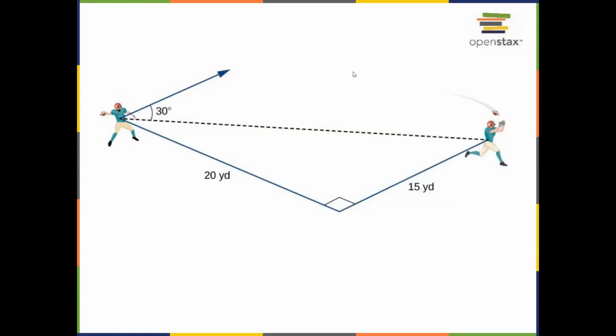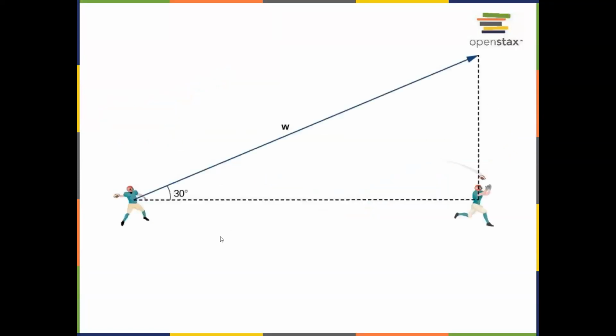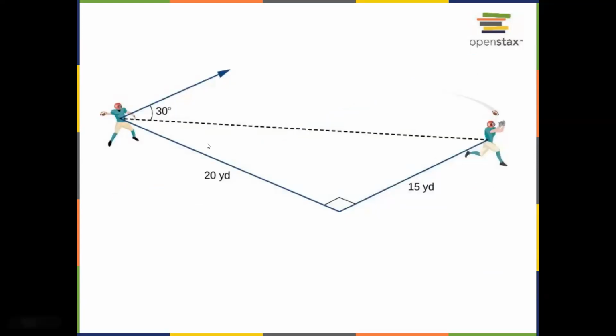So this image here is just depicting what we're going to do next, but I wanted to have it by itself for a minute. I left it there by itself. So you can see what they did is they had the orientation of what's going on physically. The quarterback is throwing the ball.